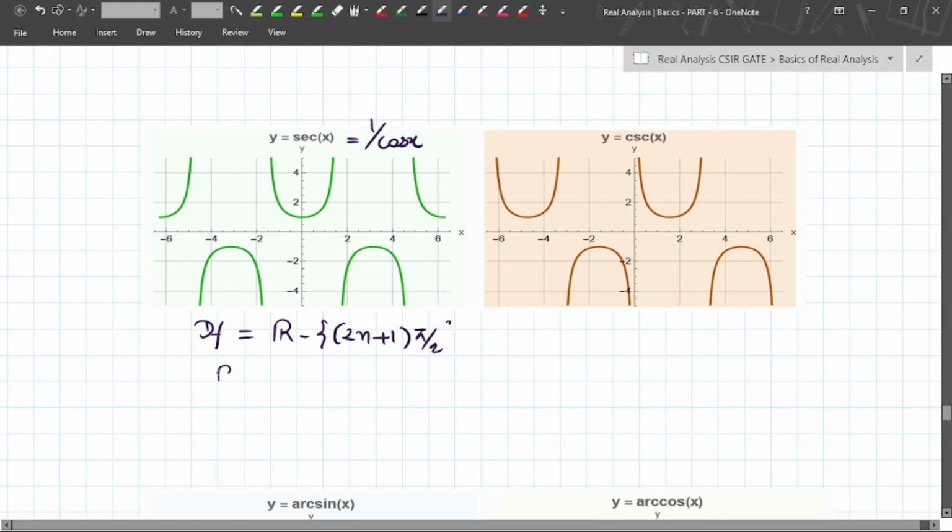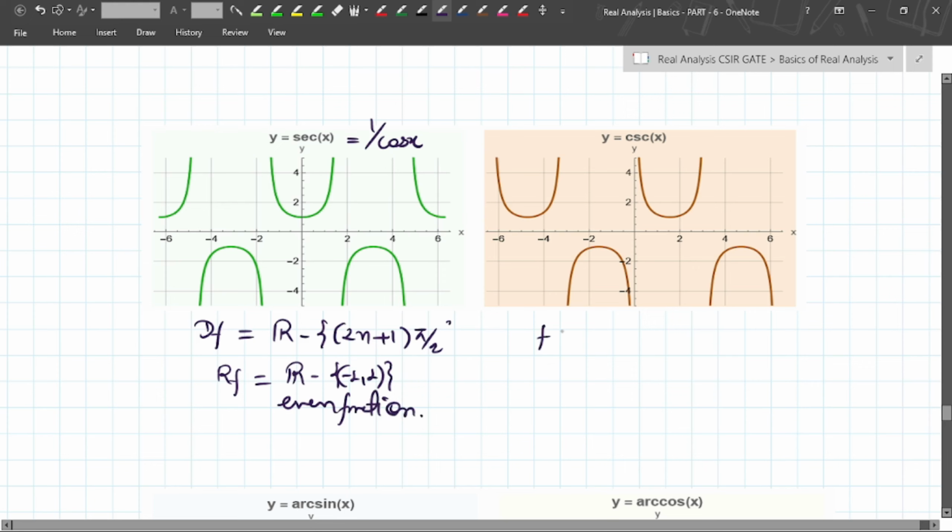The range is the whole real numbers other than -1 and 1. It is an even function because cos is even.